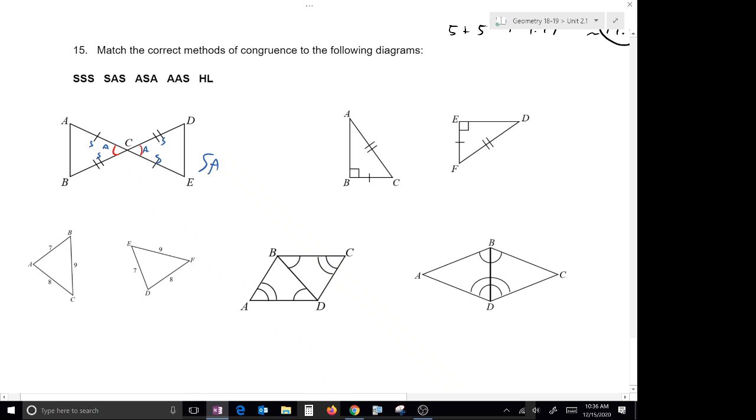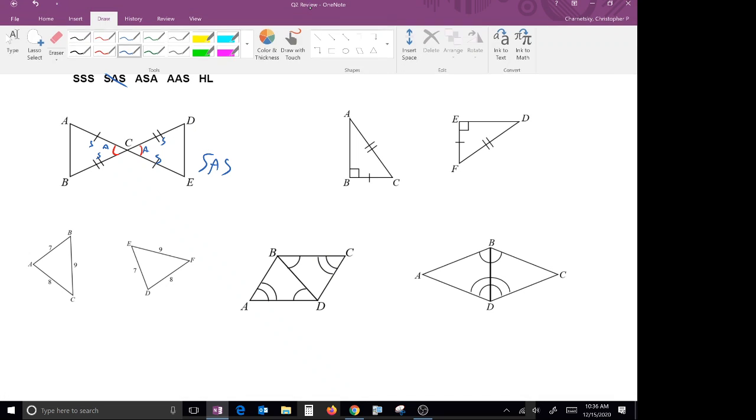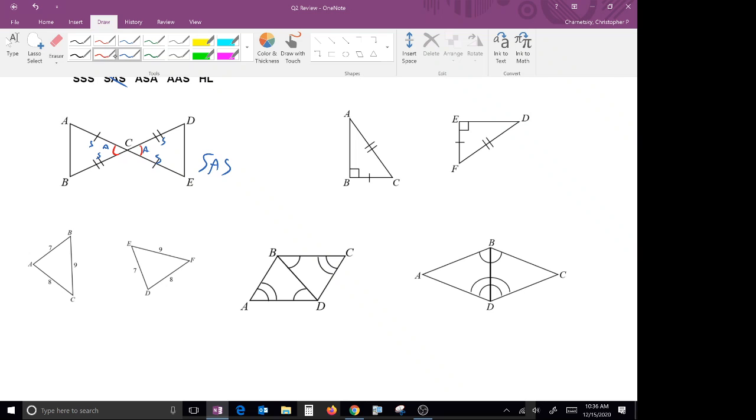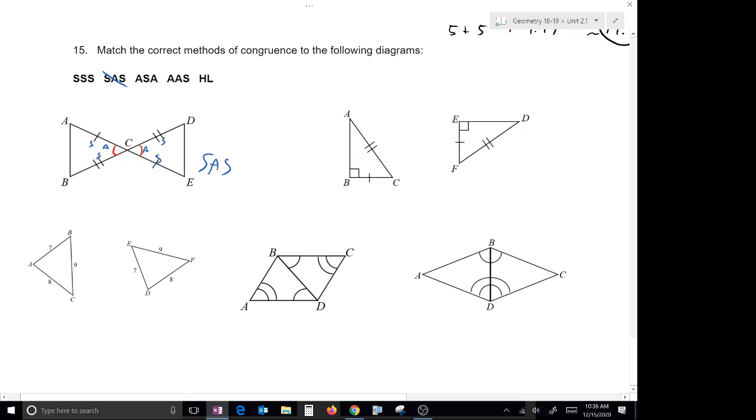So that's SAS. One below it, we only have sides here, but they all match. So 7 matches with 7, 8 matches with 8, and 9 matches with 9. So that's SSS.